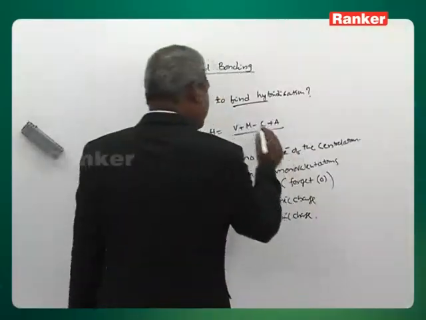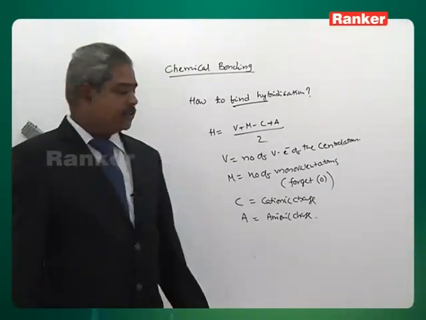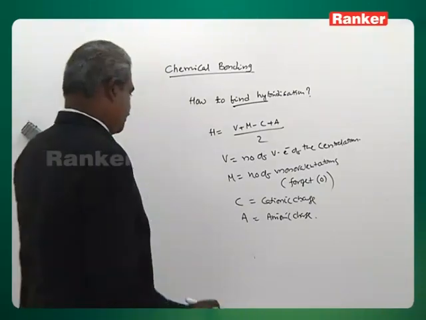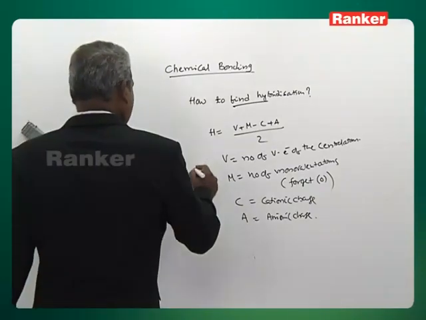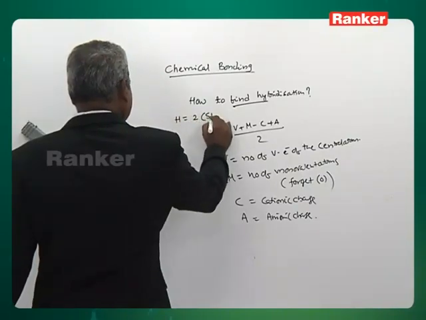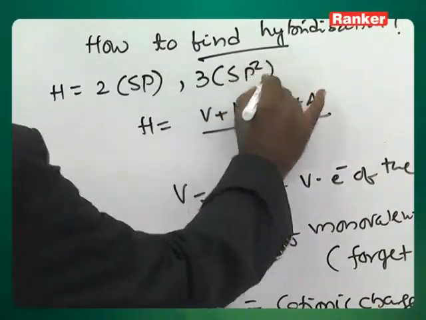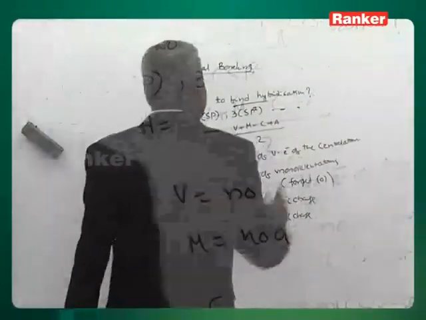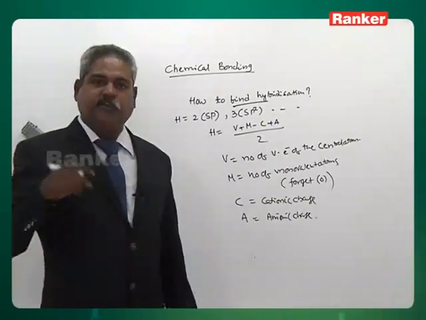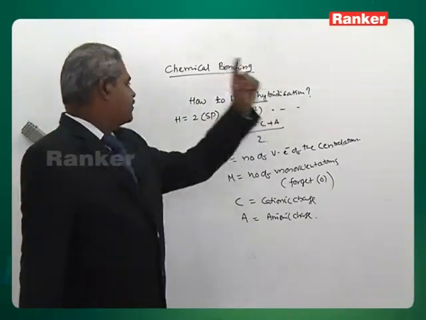This is some kind of a shortcut, no doubt, but we need a procedure, and this helps in finding almost 99.99% of the hybridizations. After doing all this, H equal to 2 gives sp, 3 gives sp2, 4 gives sp3, 5 gives sp3d, then sp3d2, sp3d3, as the case may be. Okay, you can proceed to answer that.